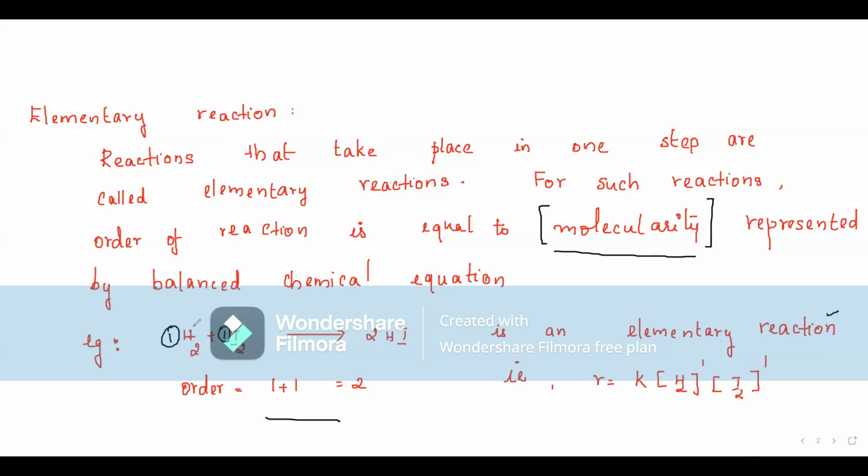Look at this. Though I have written H2 plus I2, we mean 1 mole of H2 combines with 1 mole of I2. So here the order of the reaction is 1 plus 1, which is equal to 2, which means rate can also be written as K into H2 to the power of 1 into I2 to the power of 1.